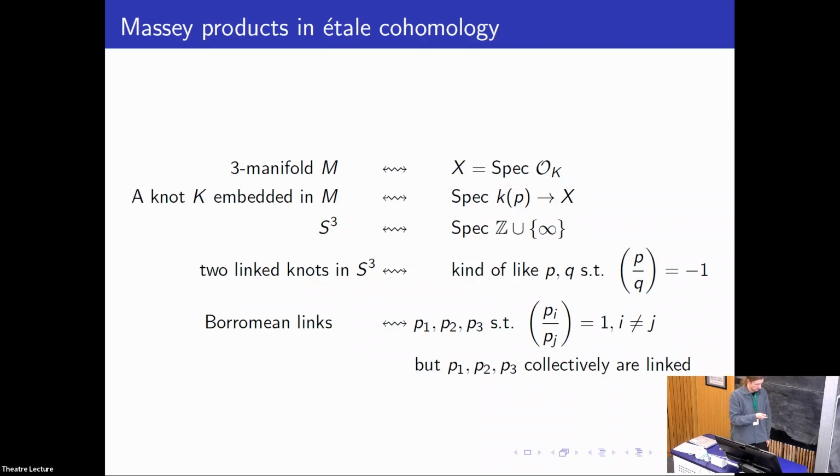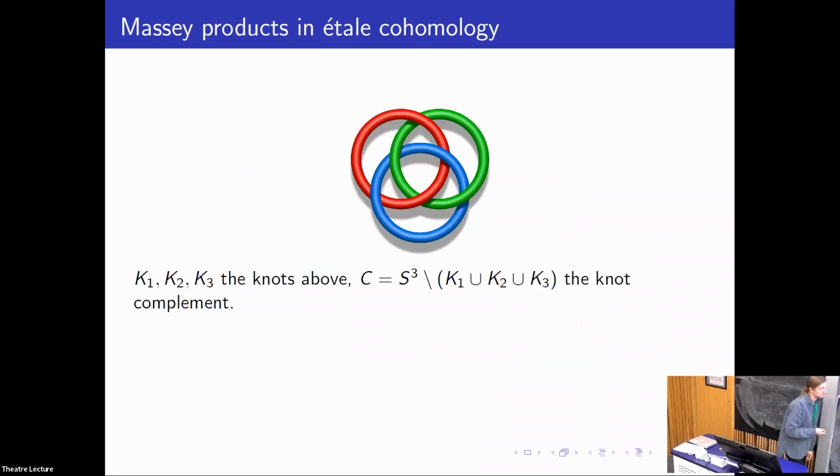There's one way to explain why you should view this as being like the Borromean links. Let's study the Borromean links from a cohomological, or homotopical, perspective. So we have here three knots. Let C be the knot complement of these three knots.